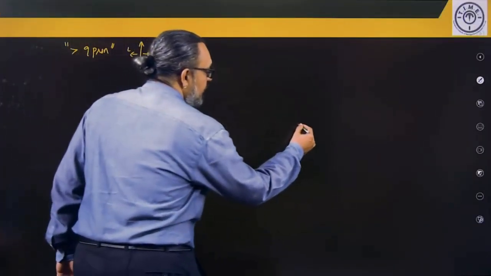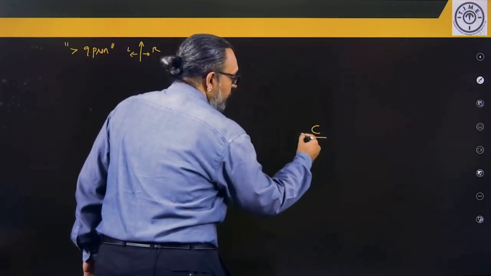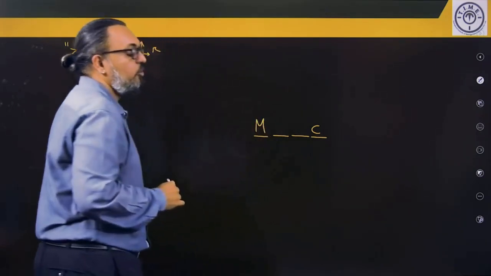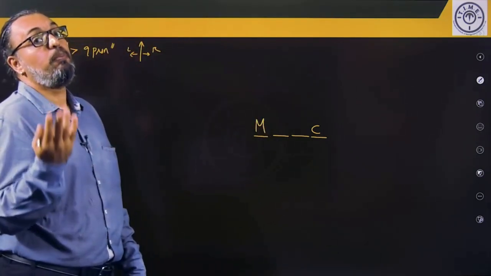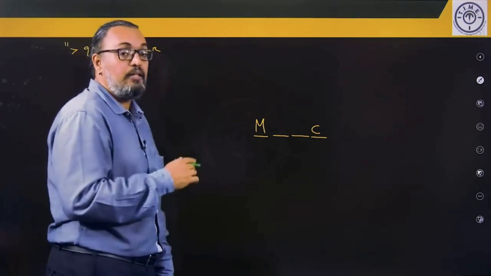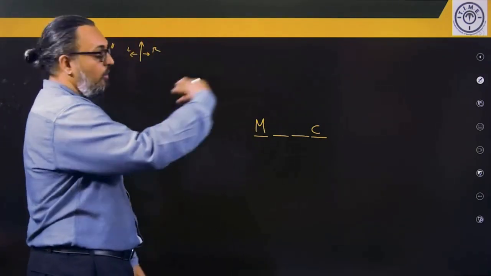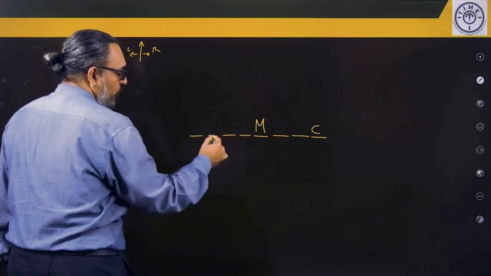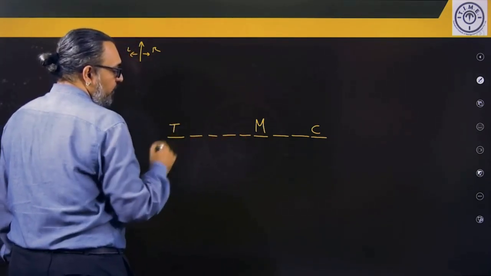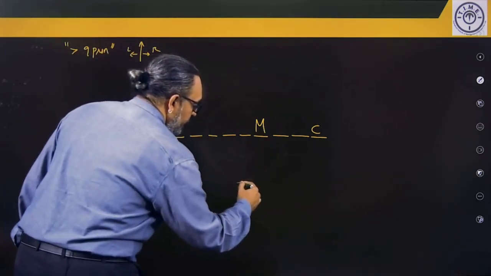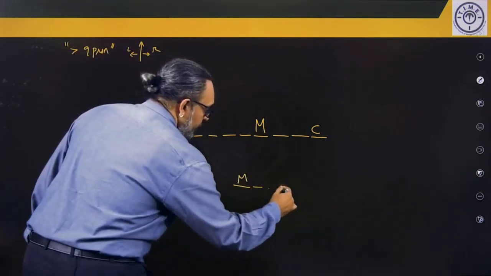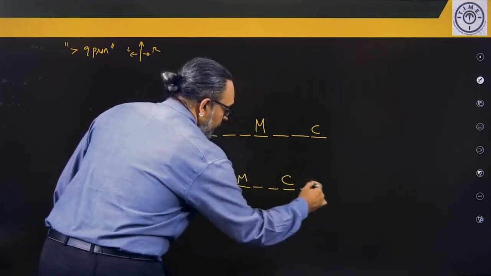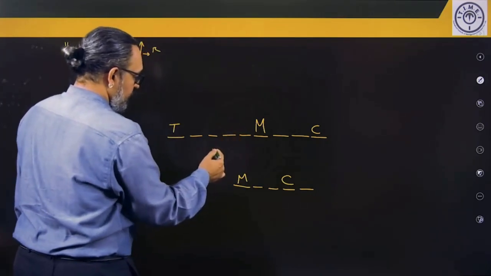So, we have C. First, second, third, so we have M, third to the left of C, and T is 4 places away from M. You can either take, like I said, the left side of M or the right side. So, now we will get 2 cases. 1, 2, 3, 4: 4 persons and then you put T. Or you can take M, first, second, third to the left of C, and then you leave a gap of 3 persons.